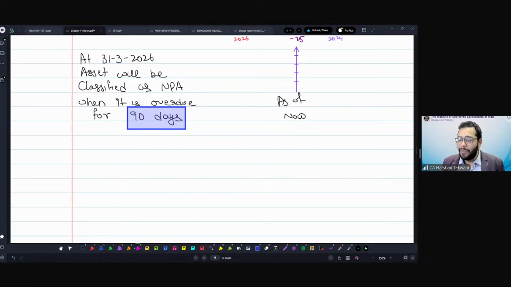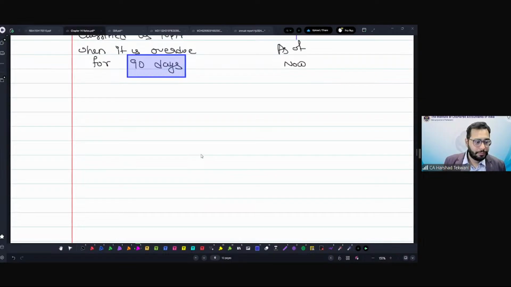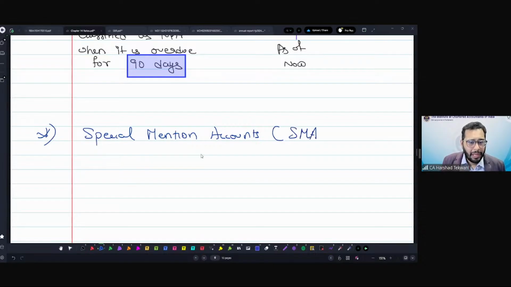For them, there was an SMA reporting requirement. SMA stands for special mention accounts. You will hear SMA reporting or SMA categories.